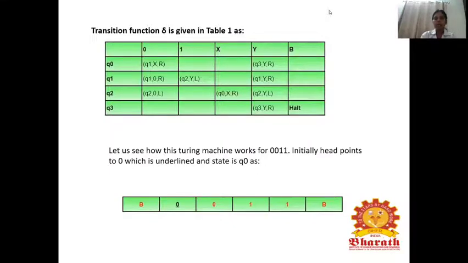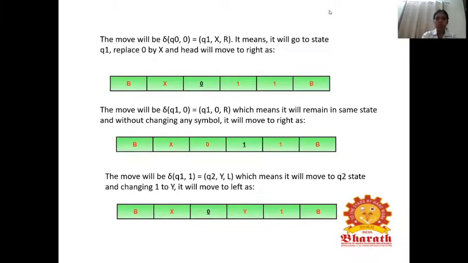And it is going to replace 1 by Y, and the pointer moves towards the left because it is written as Q2, Y, L. We have to do it like that. So now delta of Q1, 1 is equal to Q2, Y, L. So 1 has been replaced by Y, and then the head moves towards the left.